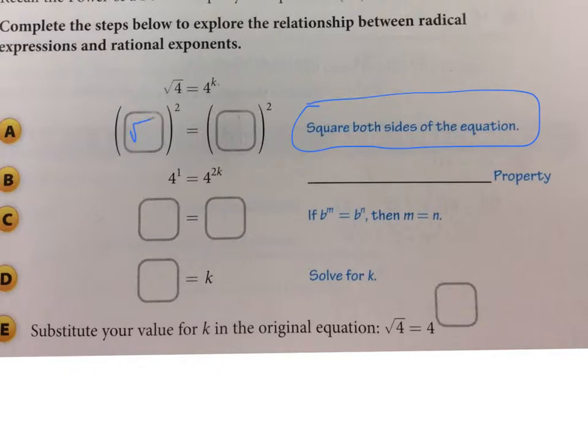That gets rid of the radical on this side, leaving 4 to the first power. Then, remembering that when we take a power to a power we multiply, 2 times k, I end up with 4 to the power of 2k.